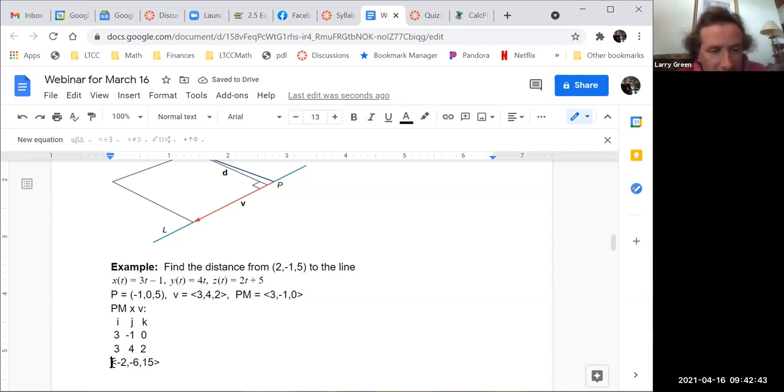And now I want the magnitude, so I'll just do this all together. That's the square root of -2 squared is 4, plus -6 squared is 36, plus 15 squared is 225. 4 and 36 is 40, so the square root of 265.